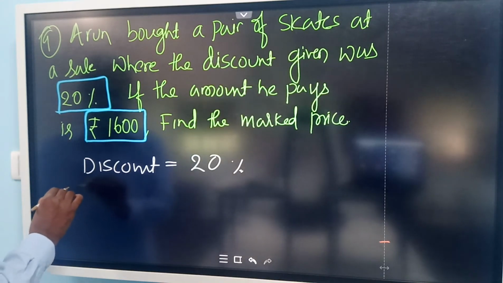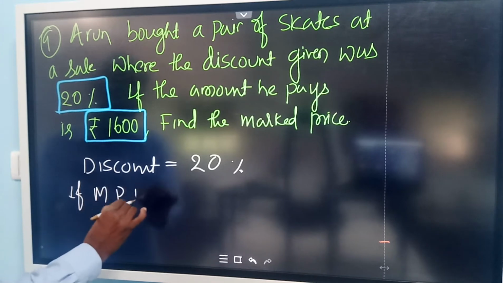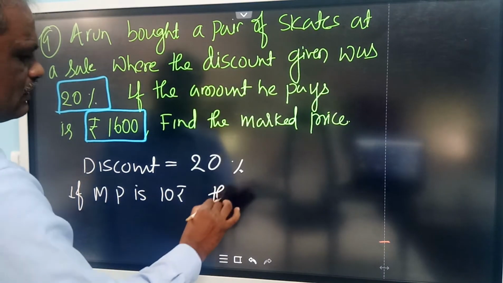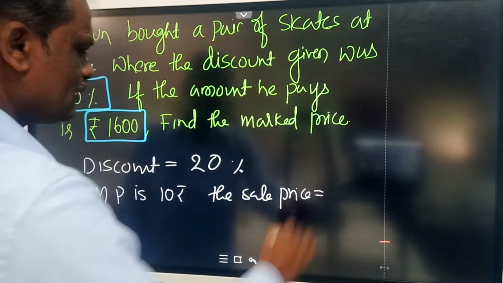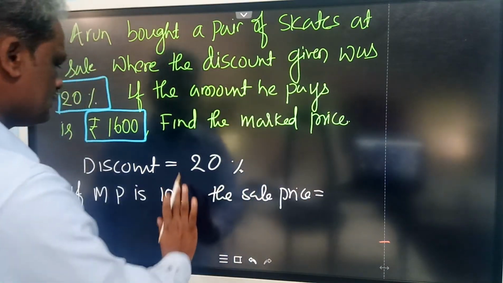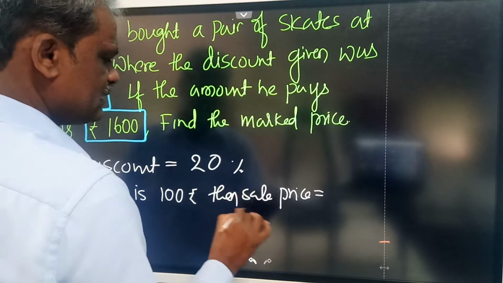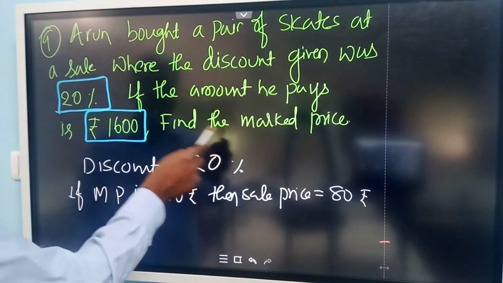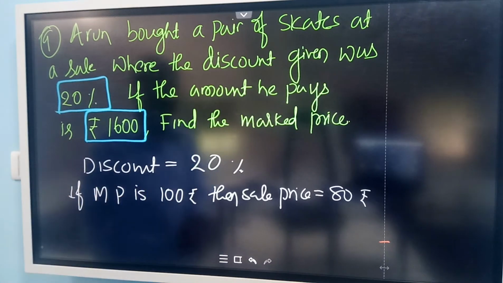So suppose the market price is 100 rupees, then the sale price is 80 rupees. Because we want to find the market price, we'll change the sentence now.